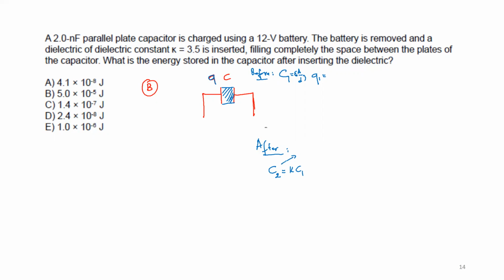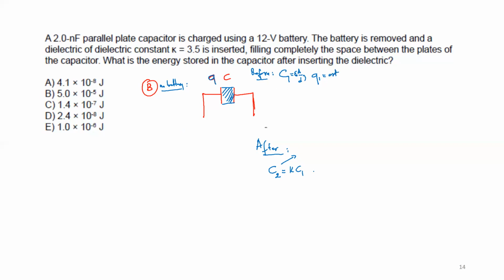Now here there is no battery. I fully charge it and I disconnect the battery. Now I want to see the behavior of my physical quantities: charge, voltage, electric field, and energy stored. So since there is no EMF, the charge is constant, no battery.